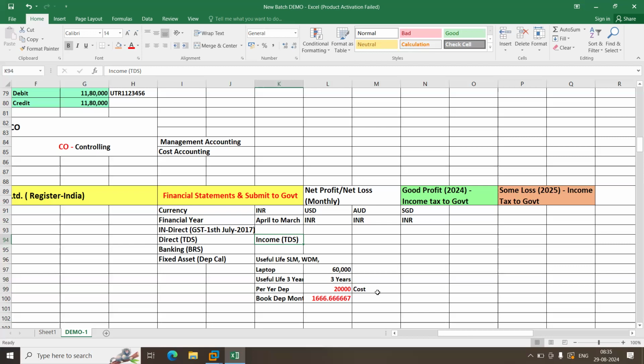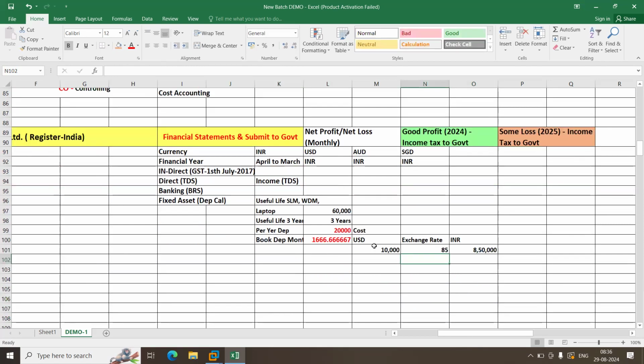Today, you have purchased one USD invoice for $10,000. And today the dollar rate is, for example, 85 rupees. Then what is my INR value? 8,50,000, right? $10,000.